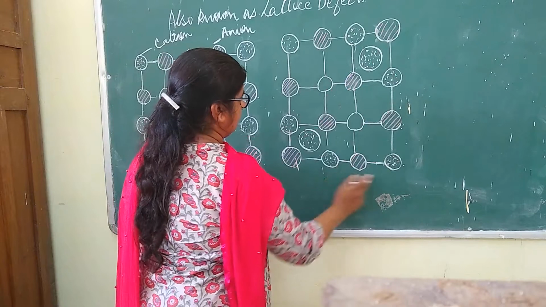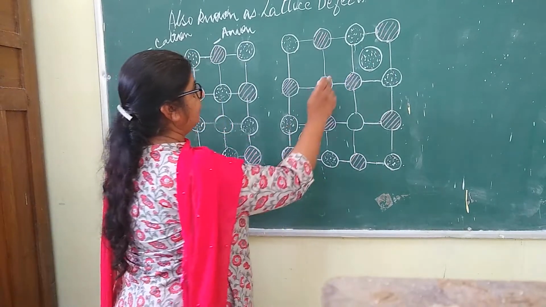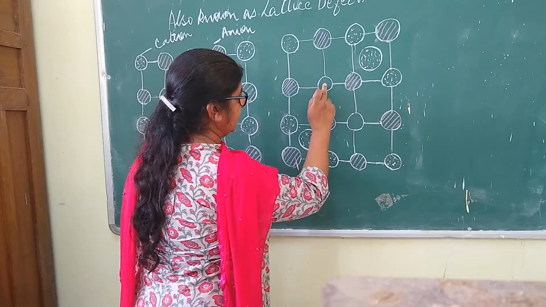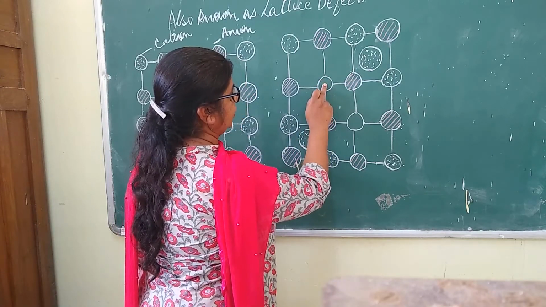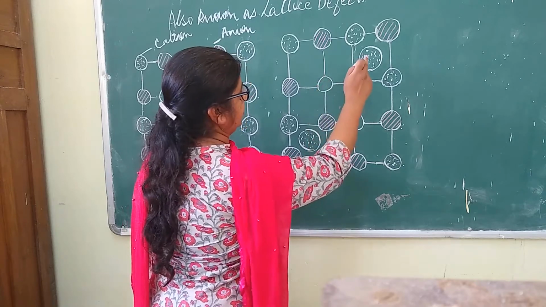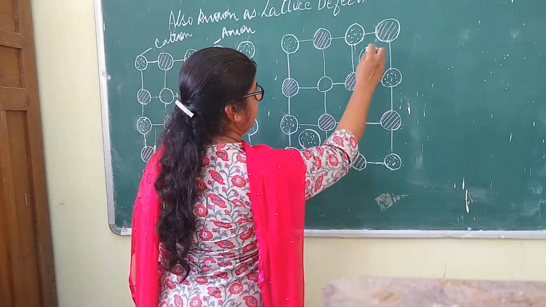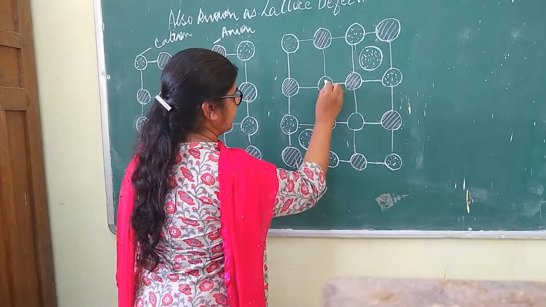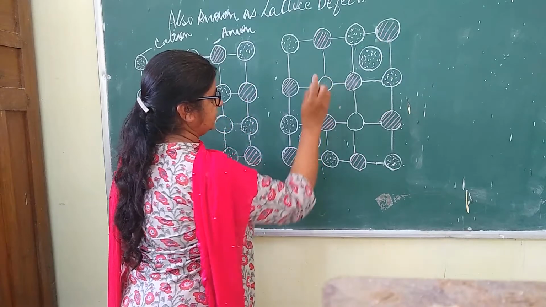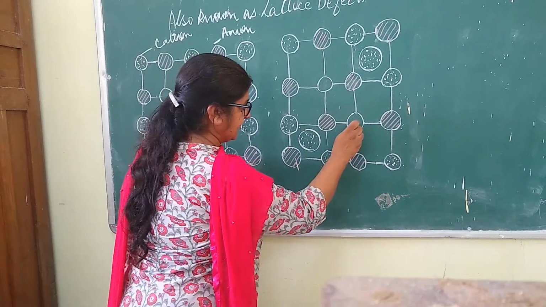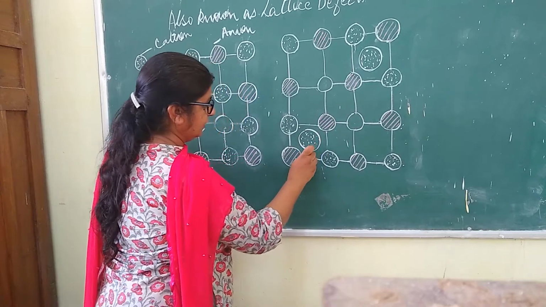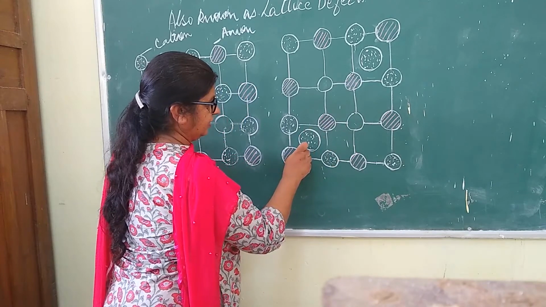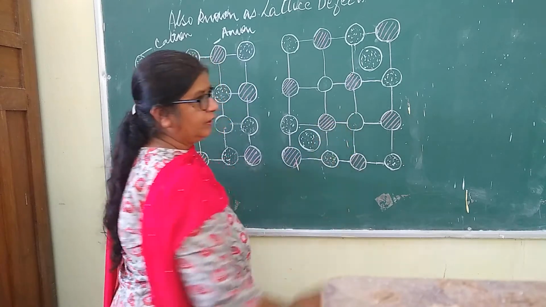Now this is a crystal lattice in which the cation over here has left its space and moved to occupy the interstitial space between these two. Similarly, this cation here leaves its space and comes to the interstitial space here, leaving a hole over here.